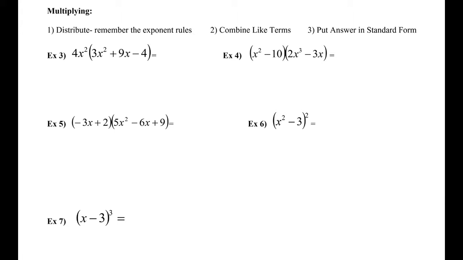So for example 3, I'm distributing 4x squared to all of the terms, which gets me 12x to the fourth power plus 36x cubed minus 16x squared.